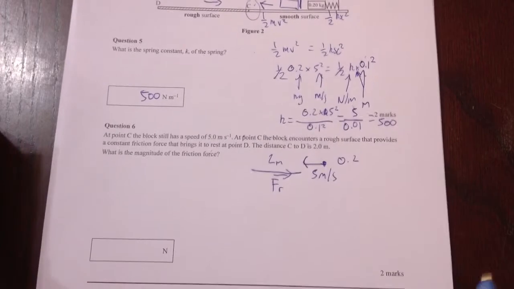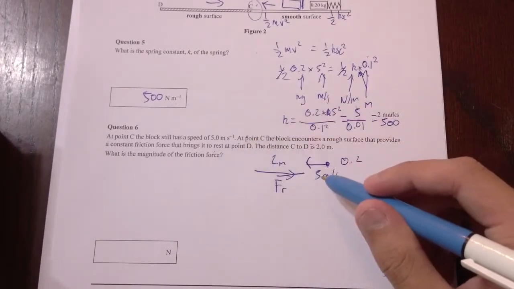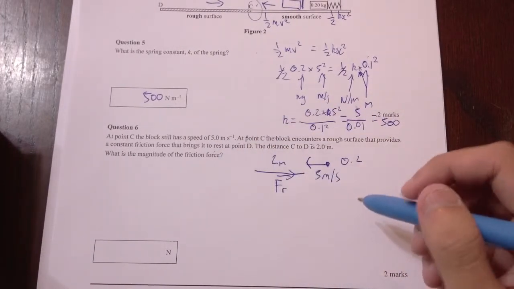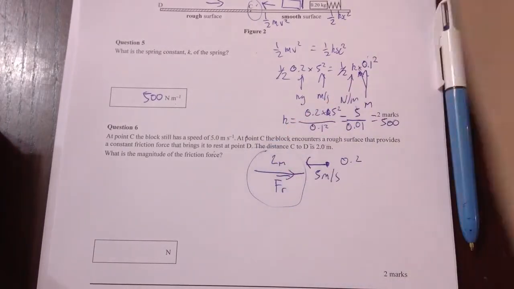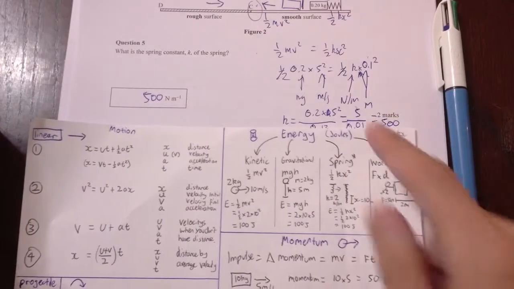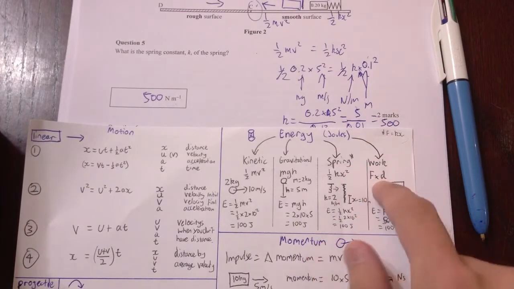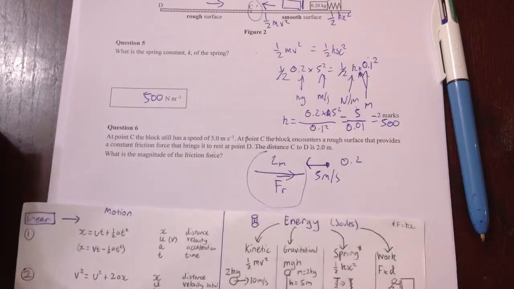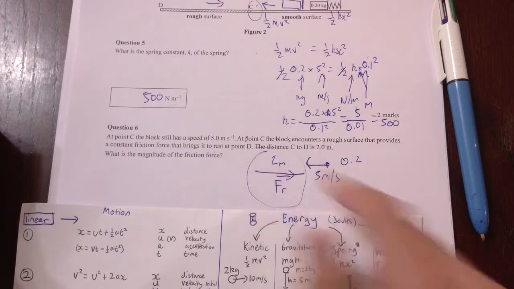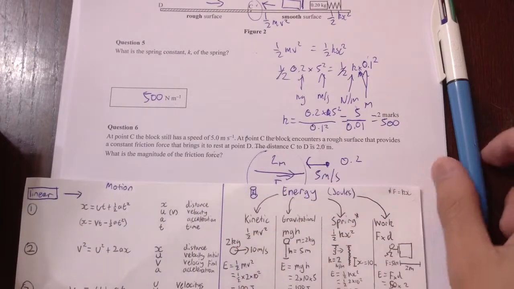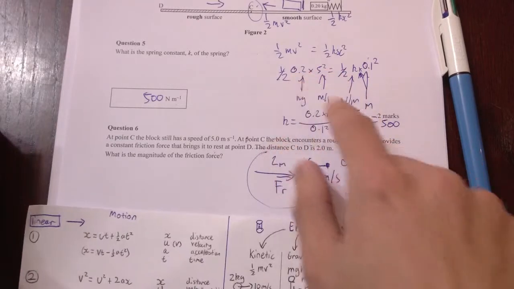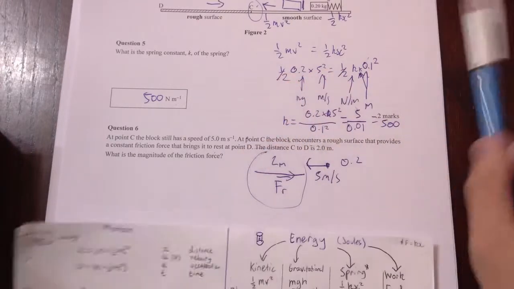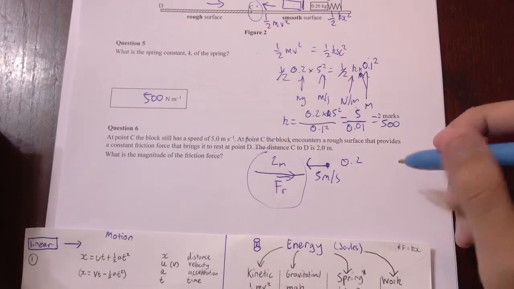So really there's actually 2 ways to do this. I'll go with my preferred way. This is another form of energy. Remember, work is force times distance. And that's all we have here. We have force times distance. And that equals kinetic energy, which we found originally to equal 2.5 joules.